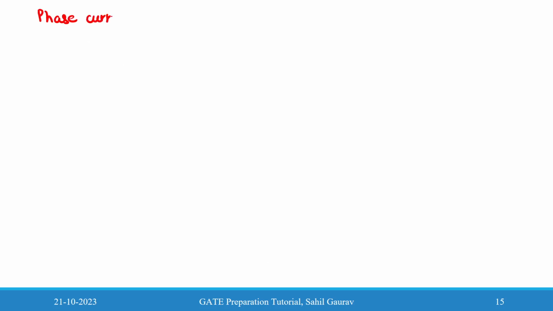So phase currents are: IAB is equal to VAB divided by Z delta.